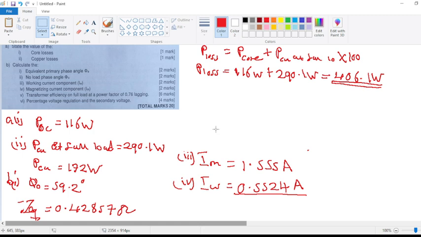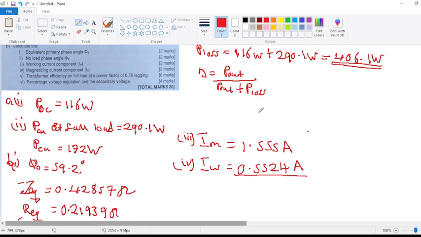Since now you know the losses, the efficiency is equal to the output power over the output power plus the loss that we've calculated to be 406.1. If you want, you can multiply everything by 100, it's still okay.